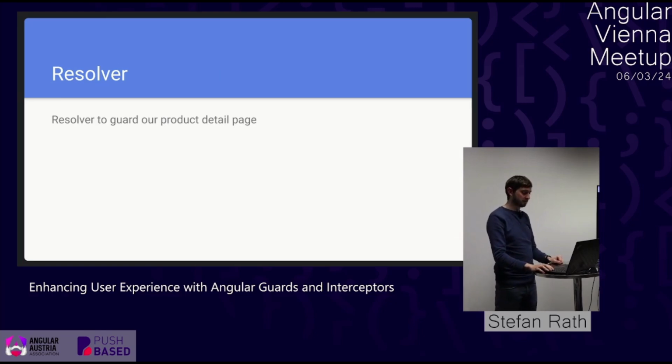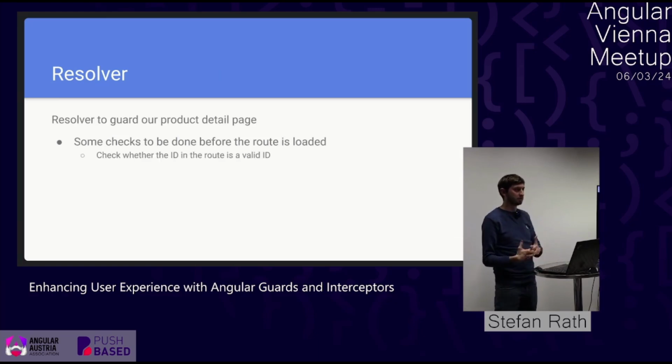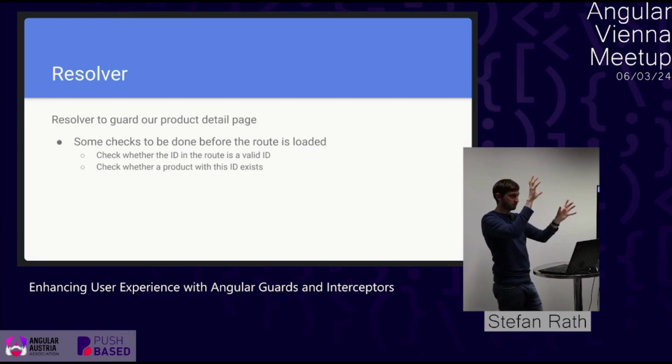So on our product detail page, some checks might have to be done before the route is loaded. For example, check if the route has a valid ID, but this can be a canActivate guard as well. But if it's a valid ID, then prefetch some data before the component is building up and everything.